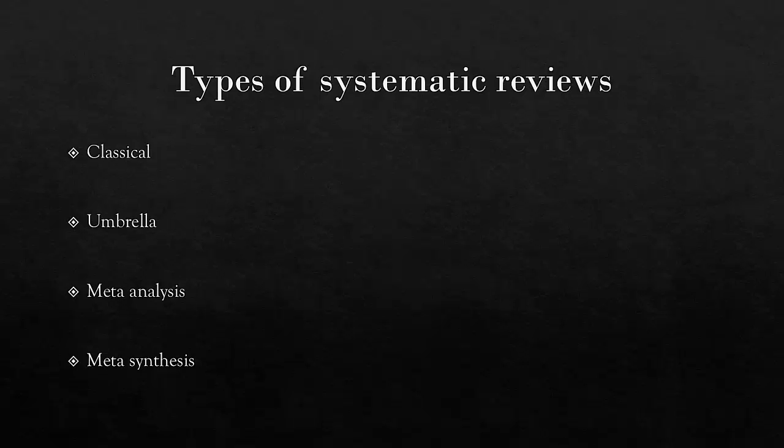Then we also have an umbrella systematic review, or in short, an umbrella review. It is a systematic review of reviews. Now, you could say that narrative reviews can be included, and in a manner of speaking, they can. However, they are very likely to not pass the inclusion and exclusion criteria. So typically in an umbrella review, you will find other systematic reviews as input.